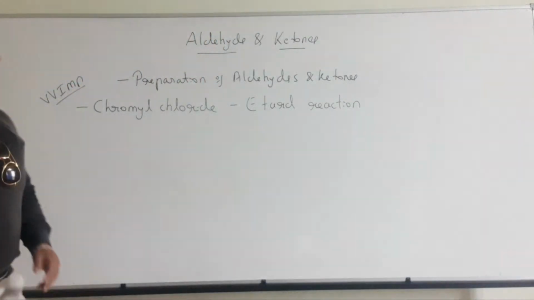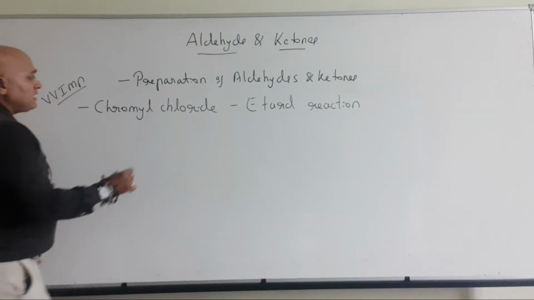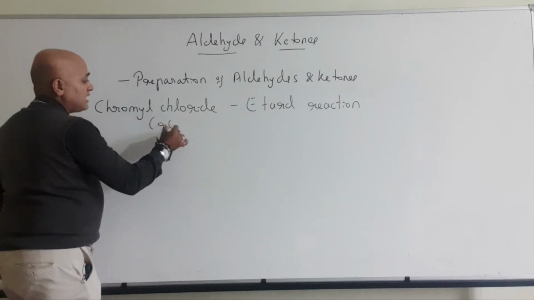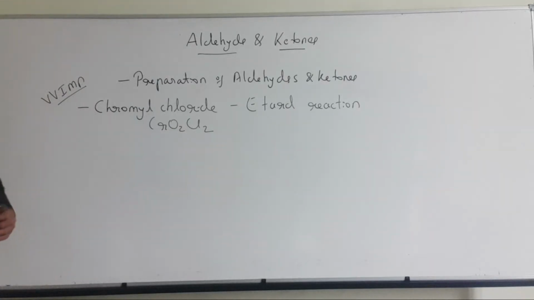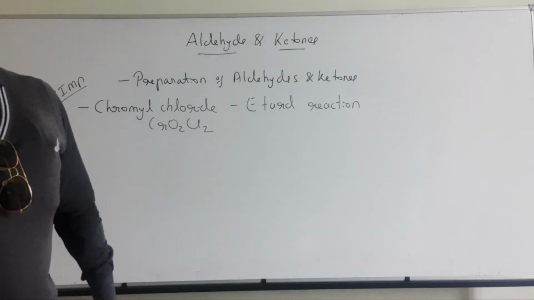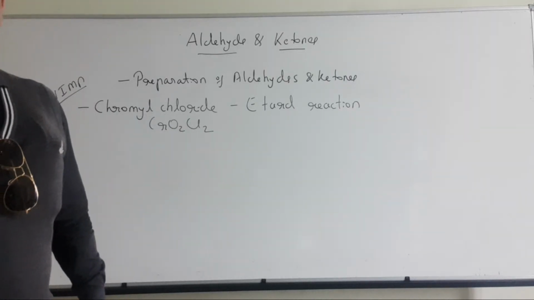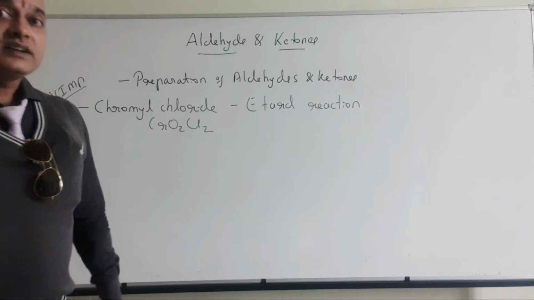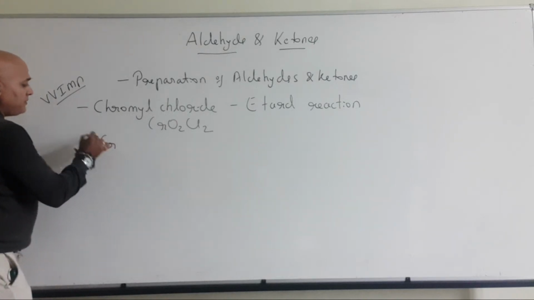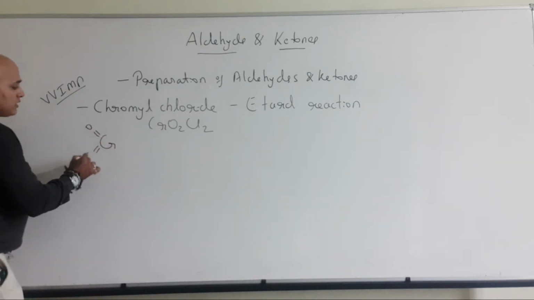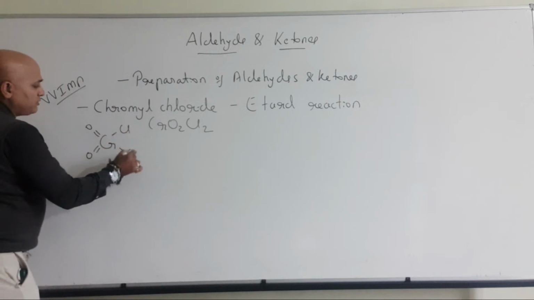Okay, so what is chromyl chloride? Chromyl chloride is nothing but CrO2Cl2. So chromyl chloride: chromium with 2 oxygen and 2 chlorine.